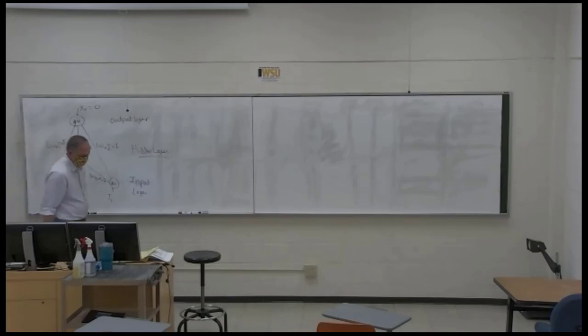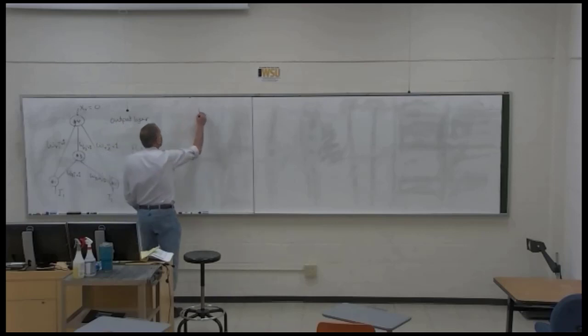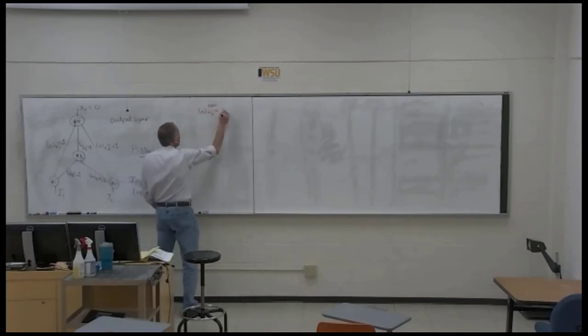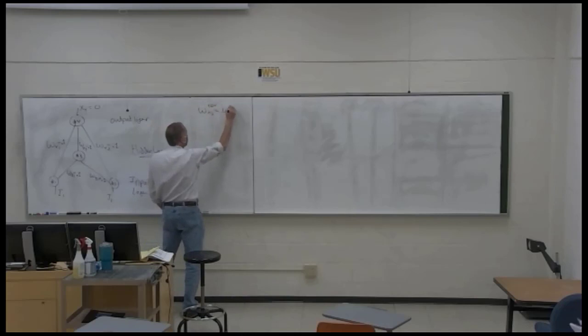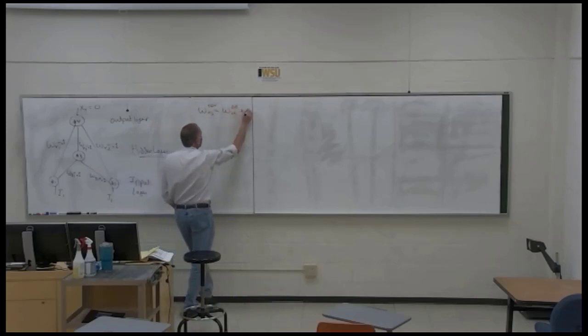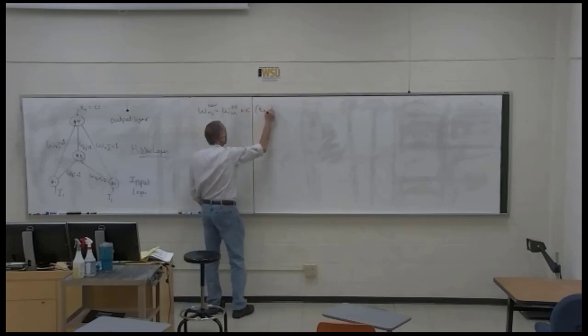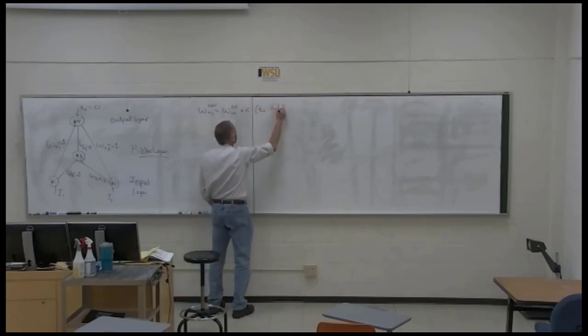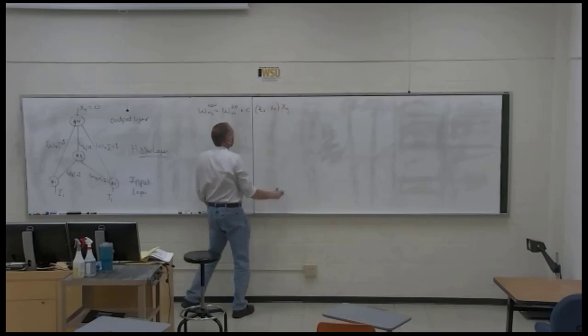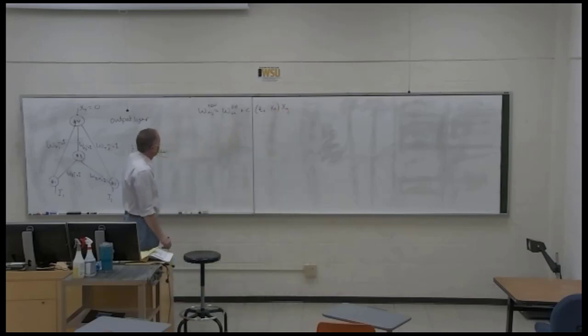All right, so let's write the learning rule for each one of these. So we've got W_ij, here's the error, here's the signal. Let's do W41.